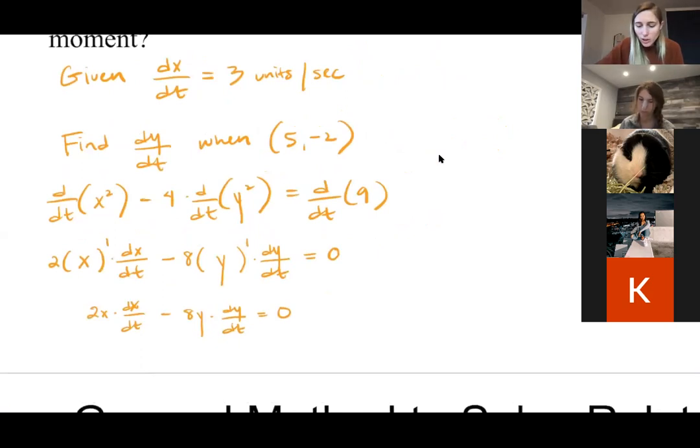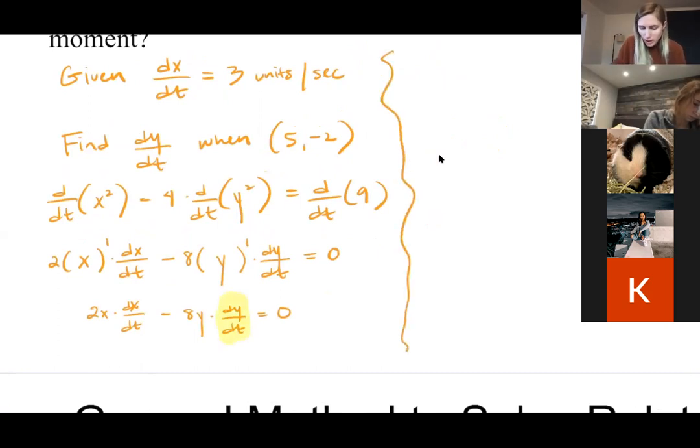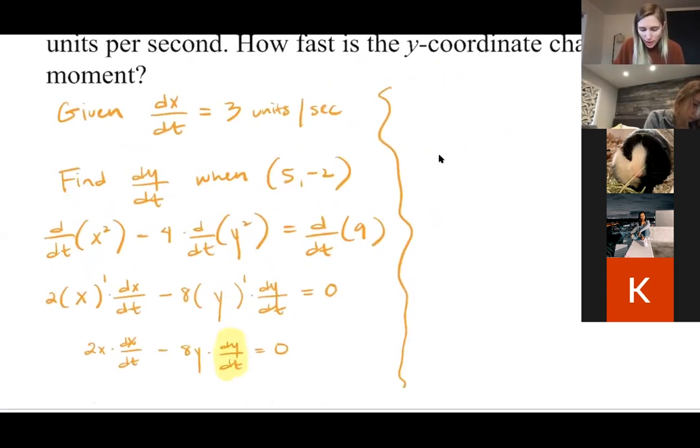And then we're trying to find dy over dt. So let's get dy over dt by itself using algebra. I'm going to subtract 2x times dx over dt from both sides.